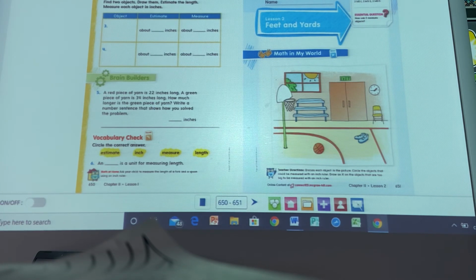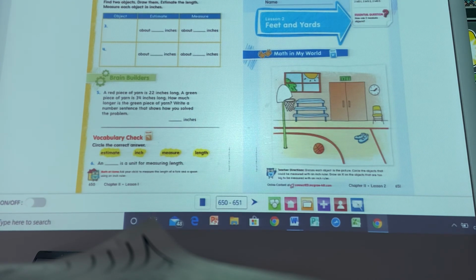Find 2 objects, draw them, estimate the length, and then measure each object. And remember, if it's not exactly 6 inches or 7 inches, take it to whatever it's closest to. Okay? Then you can try the brain builder, and at the bottom, do the vocabulary check.